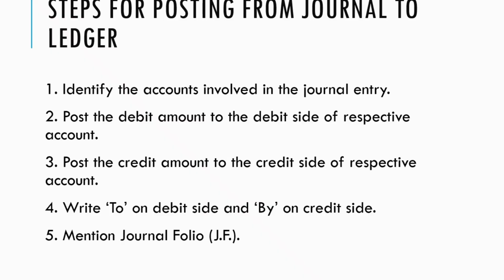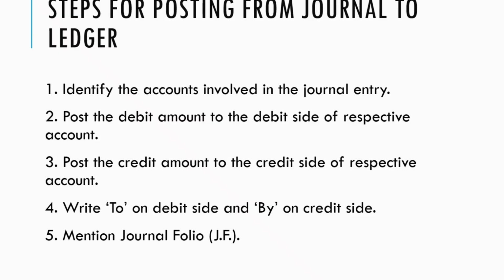We have to identify those accounts and post the debit amount to the debit side of the respective account and the credit amount to the credit side of the respective account, which we have already classified in the journal entry. I hope that is clear.